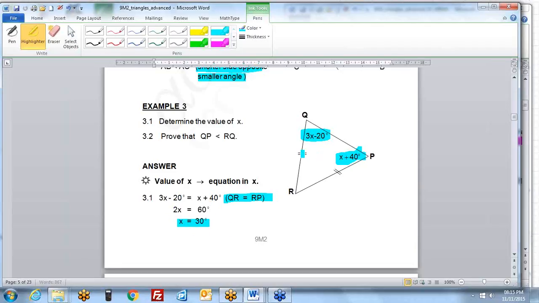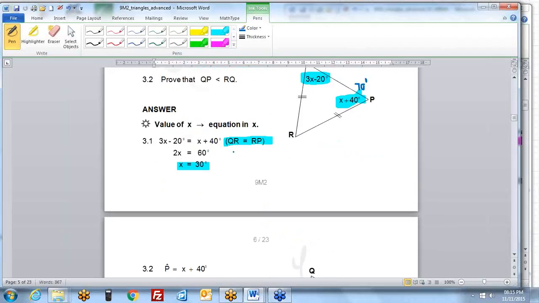So now you can substitute the x with a 30 and you will see, here you will have 70 degrees, and over here you will have 70 degrees. Take note, nowhere do you see in brackets isosceles as a reason, so you cannot use it.